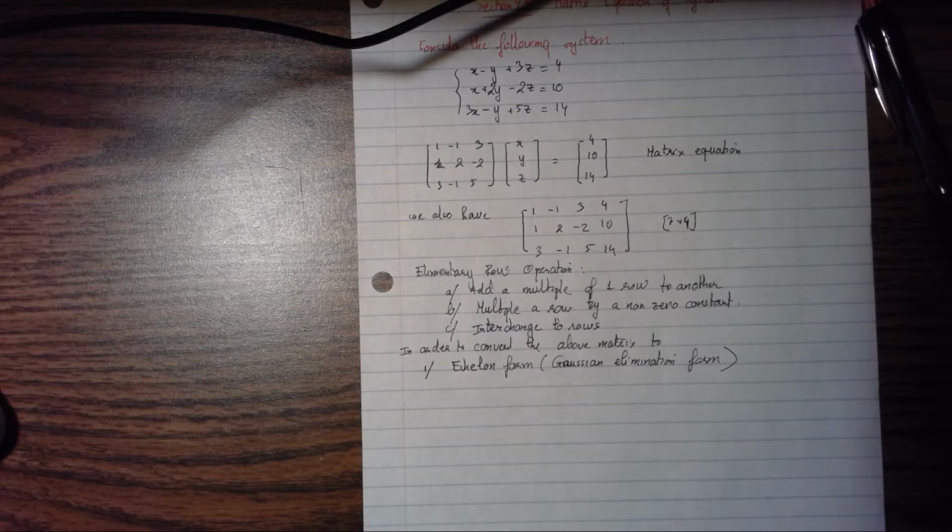What is Gaussian elimination form? Okay. In the textbook you see that they explain what it is, but believe me, when you read that, it's kind of hard to understand.